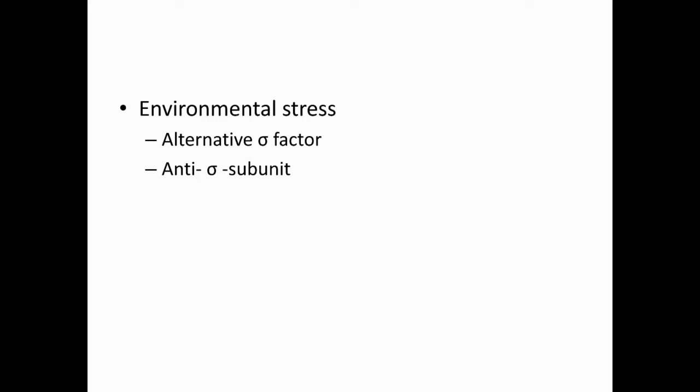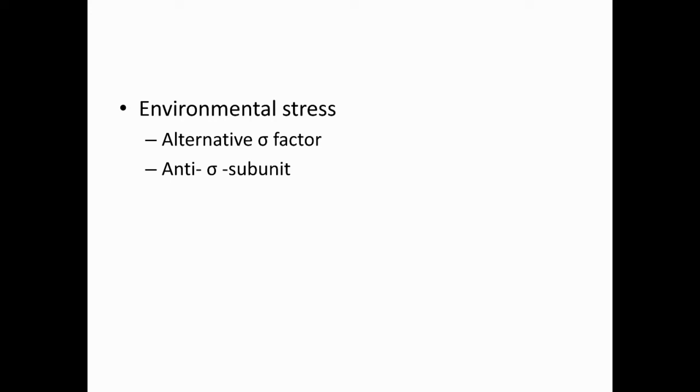At this point, a protein called Rsd will be produced that binds to the sigma 70 subunit and blocks sigma 70 from binding to the core enzyme. Once sigma 70 cannot bind to the core enzyme, they stop the transcription.